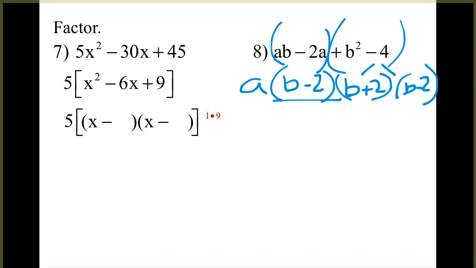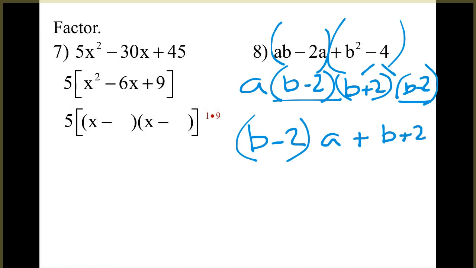So I can factor this out, B minus 2, and what I'm left with times the quantity of A plus B plus 2, which ends up equaling... I guess it's going to have to be the other way. Let's disregard that last problem.